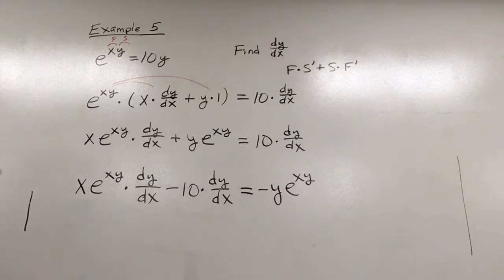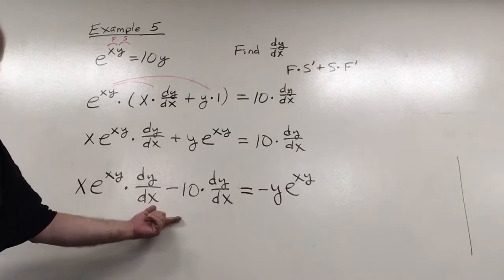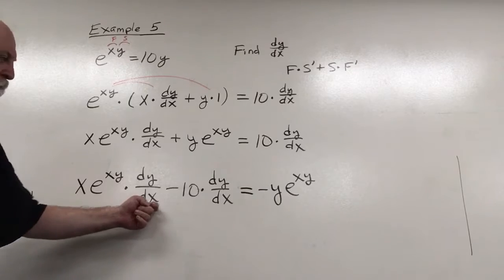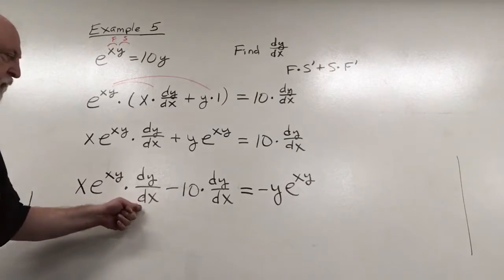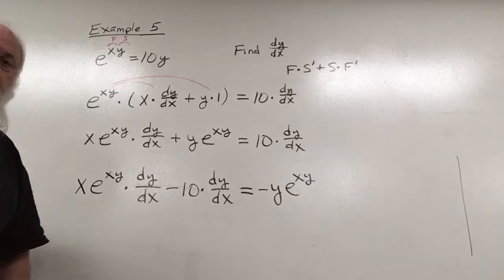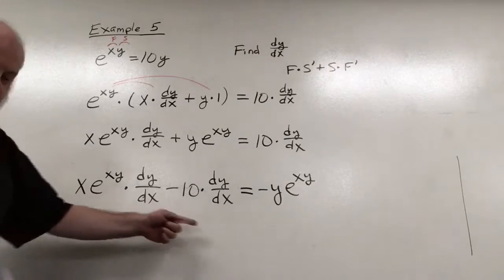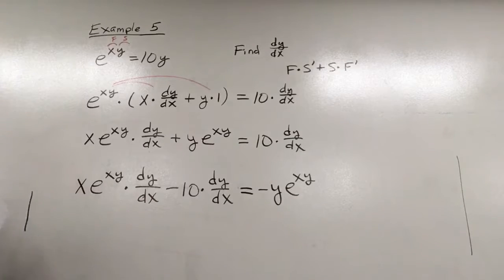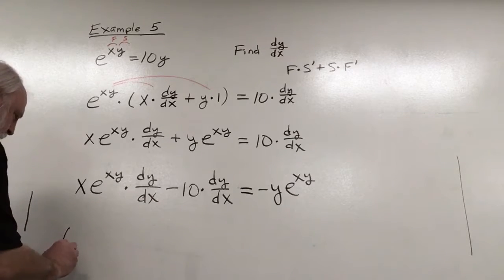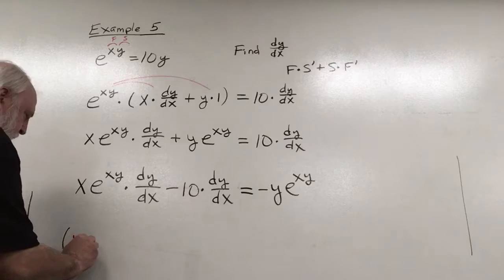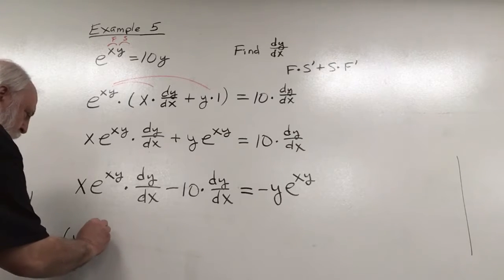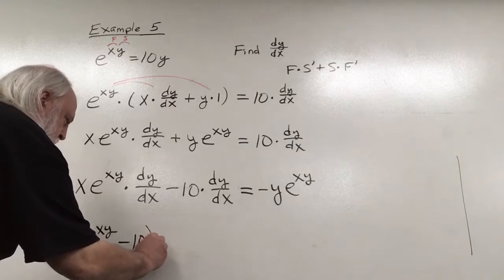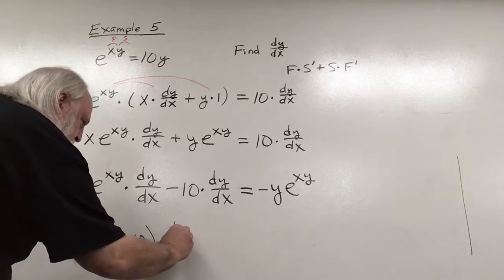Now on the left-hand side, you can see I have a difference of two terms, each containing dy over dx, so I can factor out the dy over dx, either to the left or to the right. And I'm going to factor it out to the right. And so I have, in parentheses, x times e to the xy minus 10, times dy over dx.